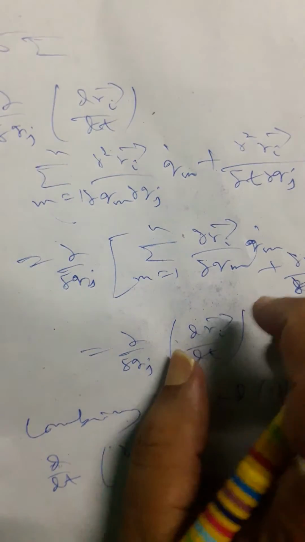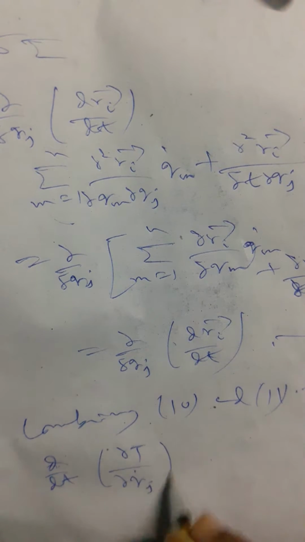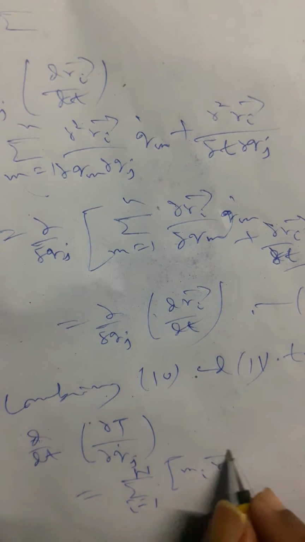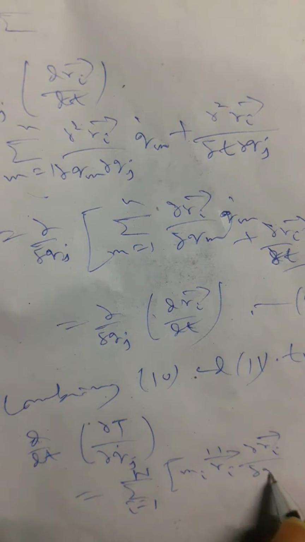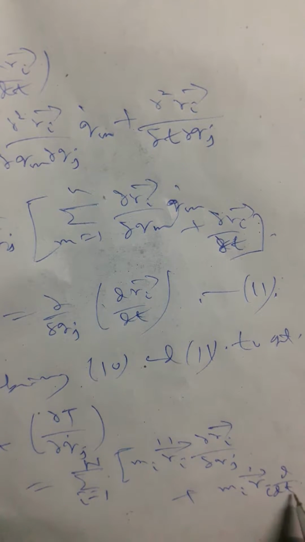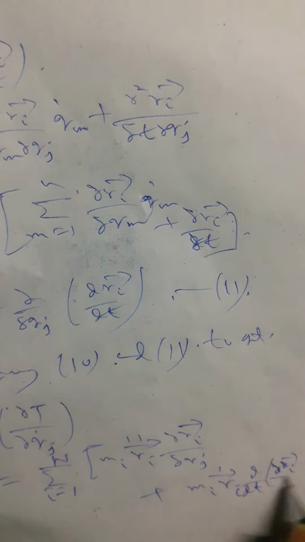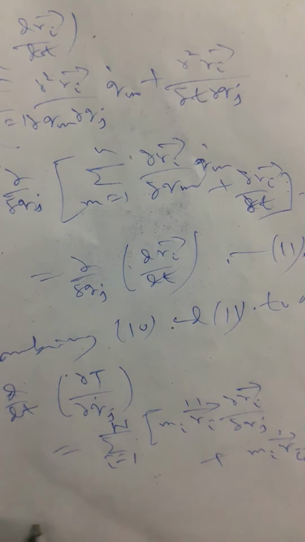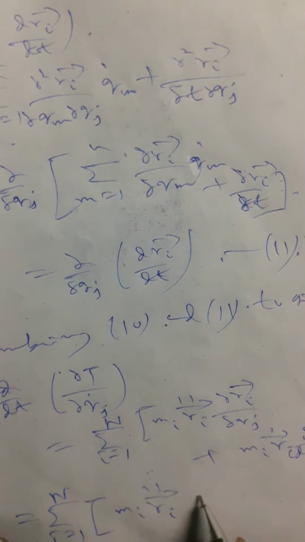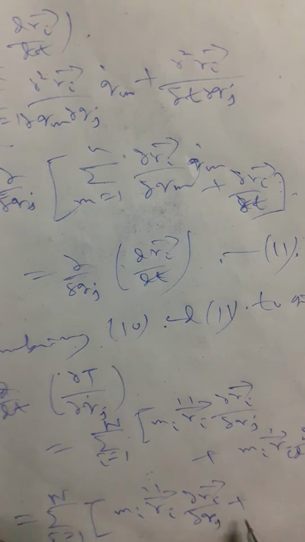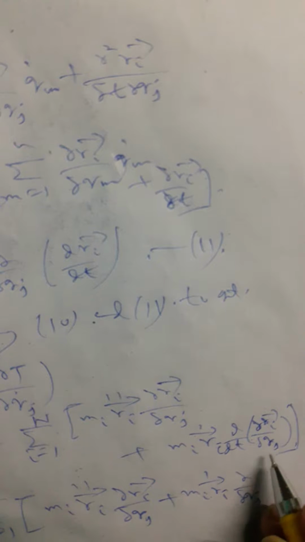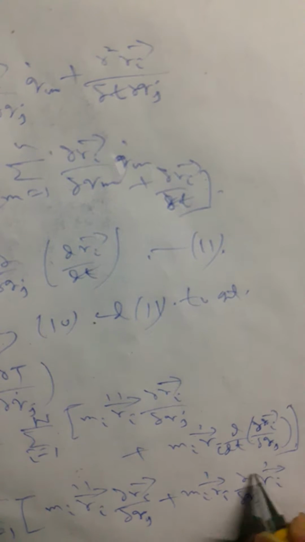d/dt of ∂T/∂q̇j is equal to the sum of i equals 1 up to N, mi r̈i ∂ri/∂qj plus mi ṙi d/dt of ∂ri/∂qj, that will be equal to the sum of i equals 1 up to N, mi r̈i ∂ri/∂qj plus mi ṙi ∂ṙi/∂qj, applying the commutative operator, and dri/dt will be equal to ṙi.